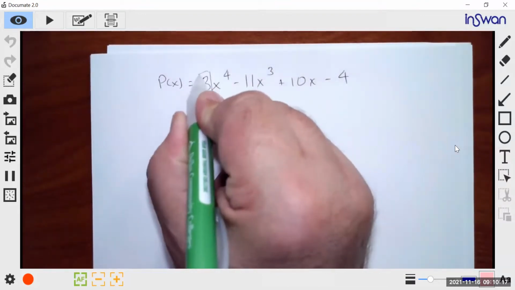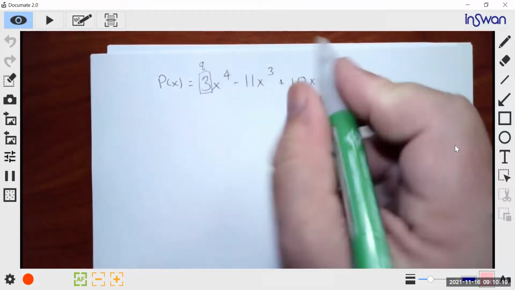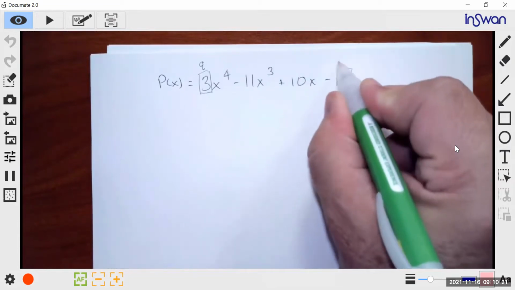Remember, the leading coefficient is q, the constant is p.